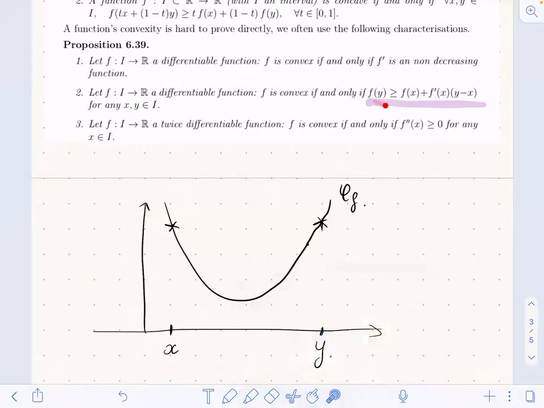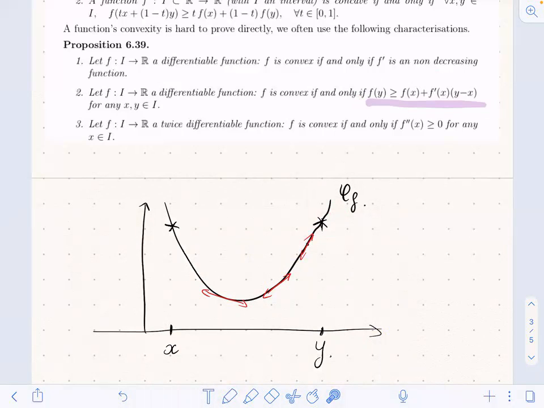So if we draw all the tangents to the function below, for example, this is a tangent at a certain point, this as well, this as well. There's a kink here because I haven't drawn it very well, but imagine that it's much smoother. Basically, the function is always above all of its tangents, and that's what this inequality models.